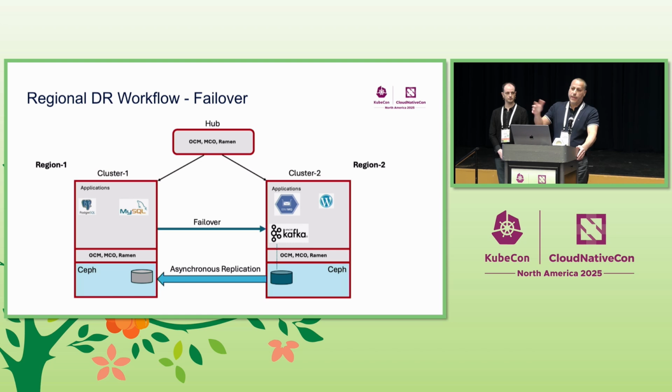So the user would choose a maintenance window, 2 a.m. in the morning, for example, and Raman is going to shut down the application on cluster 2, with the help of OCM, of course, and then fails back to cluster 1, and the application runs in cluster 1 again without losing any data, because this is not a failover, this is a fallback or relocation, as we call it, right?